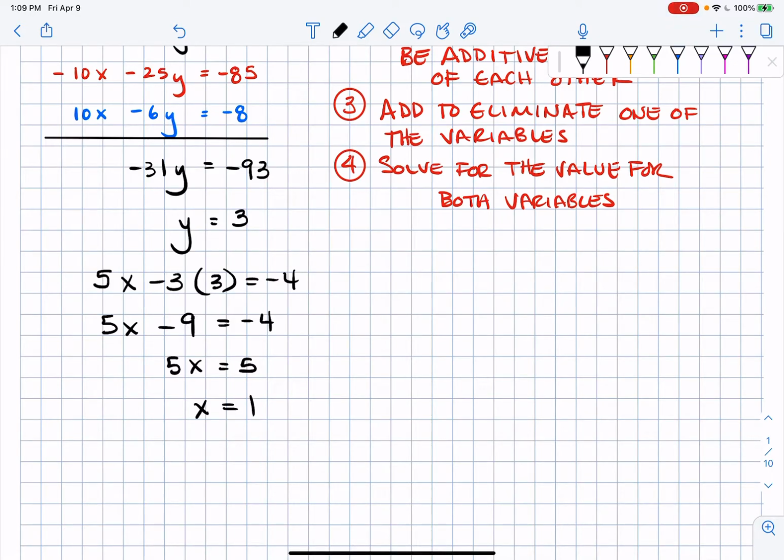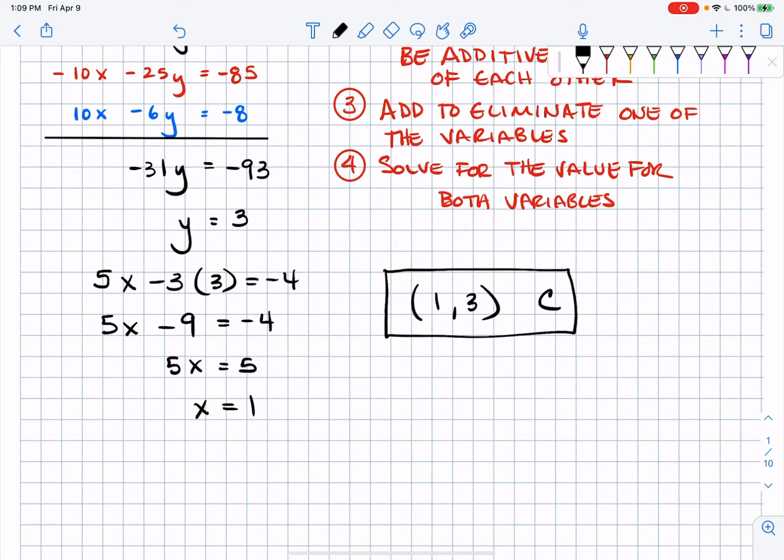Okay, so based on this right here and this right here, I get a point, x comma y, because if I have 2 lines, they'll cross each other at one point. So they're going to cross at 1 comma 3, and that is going to be choice C. There we go. Boom. Okay, that's number 1.